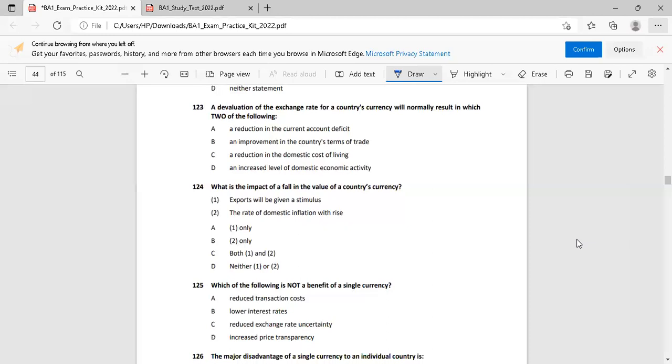A devaluation for the exchange rate for a country's currency will normally result in which two of the following? We have to select two.